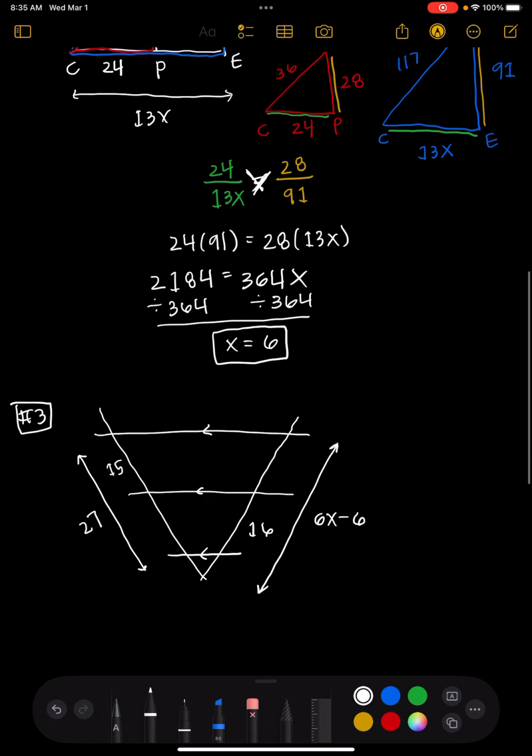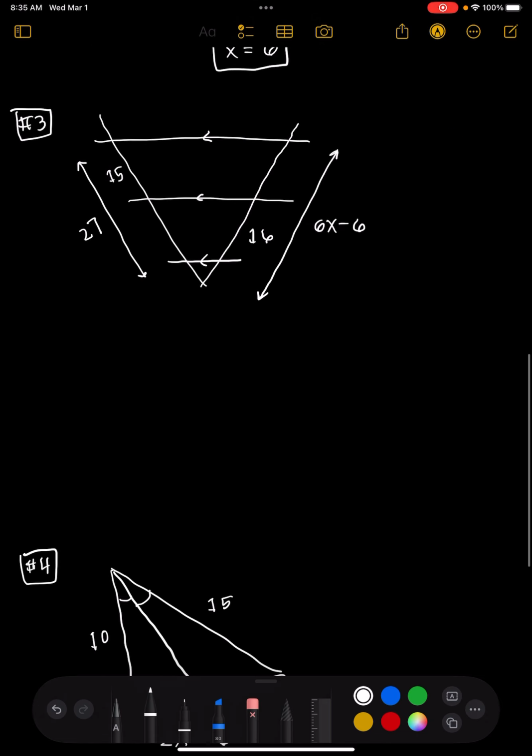Okay, so the third example isn't necessarily a triangle, it's just a bunch of arrows, but it does come in the shape of a triangle. So we can still set it up this way. Now, there's a couple of different ways that we can set this one up.